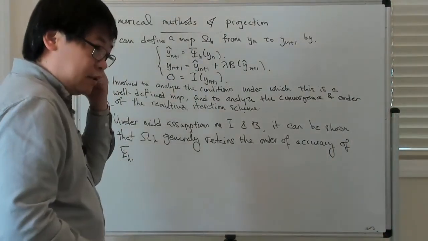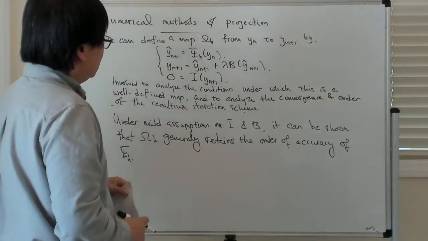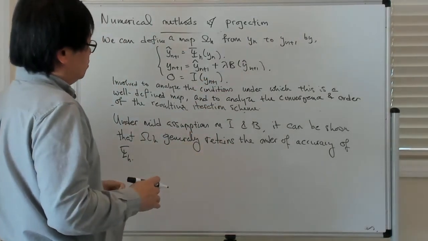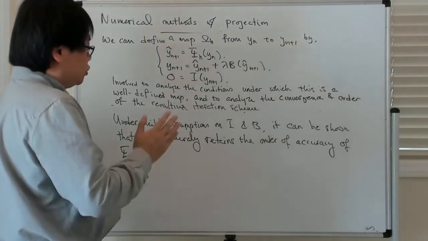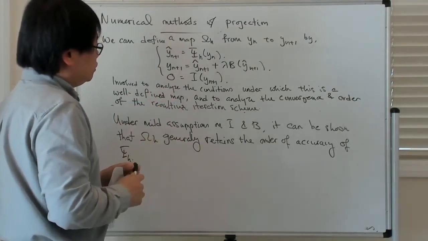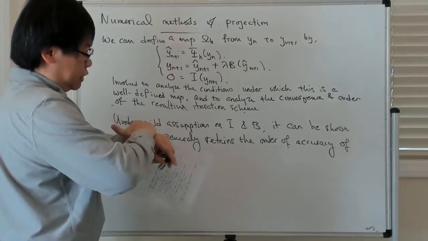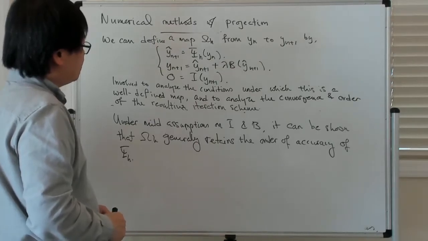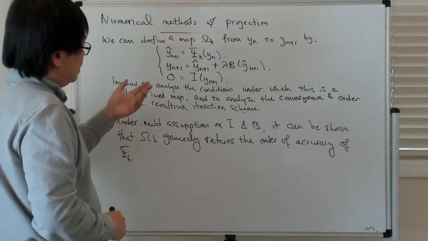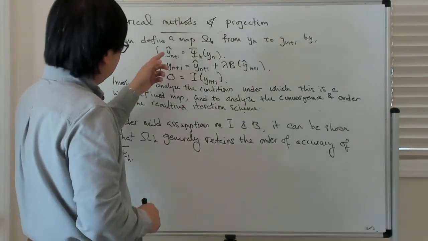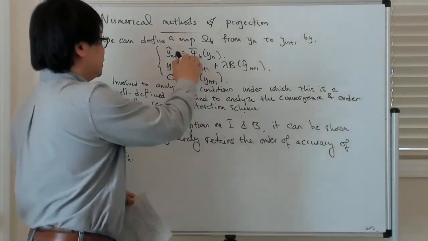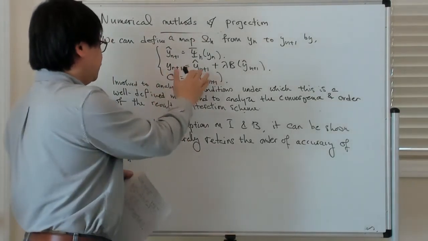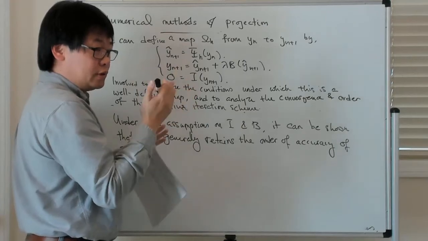Okay, so more or less what we're saying is that if B doesn't become too degenerate to the level set itself of I, then, at least when h is sufficiently small, this method, which starts off with an underlying order p accurate method, is still going to give you an order p accurate method when you compose it with projection.